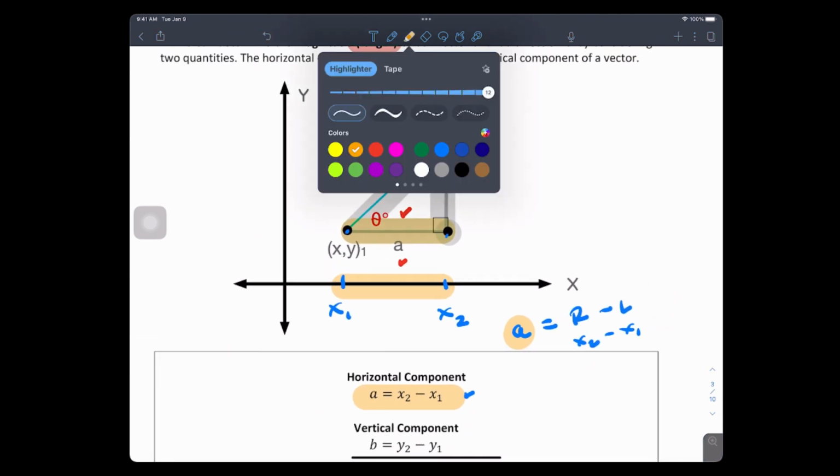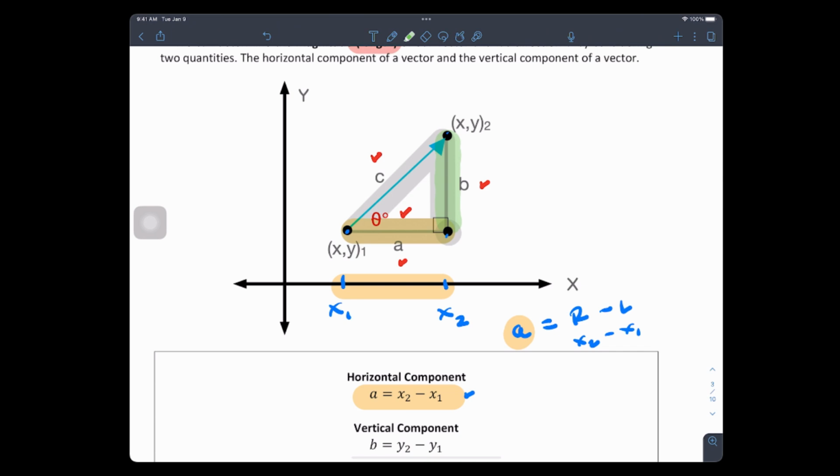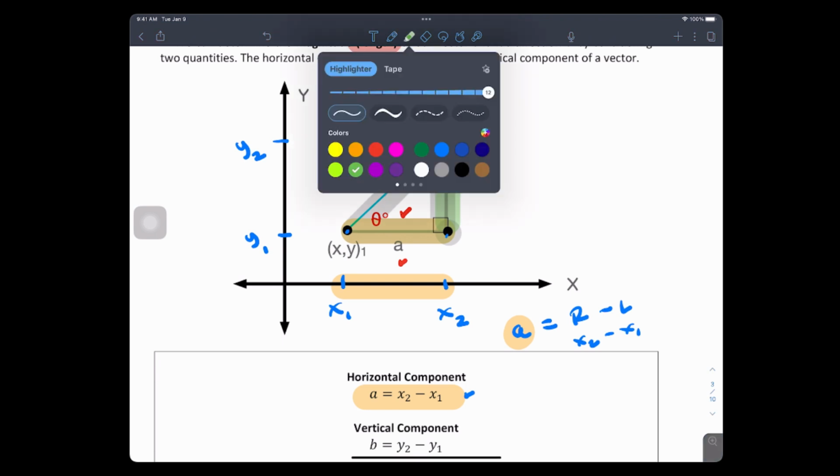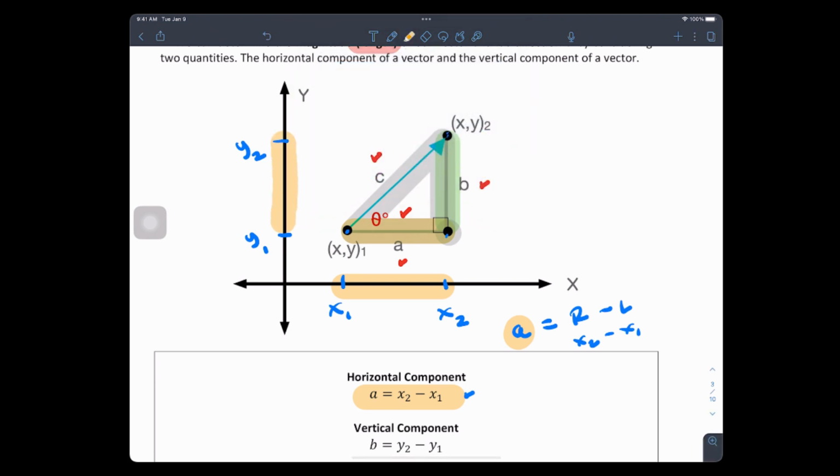And then we have this version, which is called the vertical component. So this is going to be the y1 coordinate and the y2 coordinate. So I want you guys to see here how you measure length vertically. You guys may not realize it, but it's top minus what?